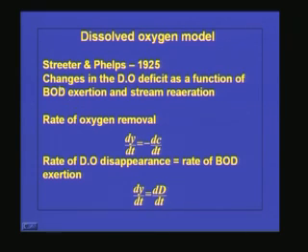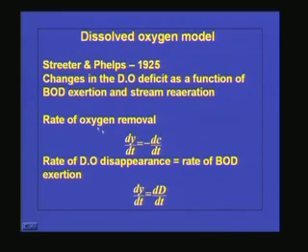It is used to predict the changes in DO deficit as a function of BOD exertion and stream aeration. This model does not take photosynthesis into account, because, as I have already mentioned, in streams the high turbulence makes algal growth negligible.